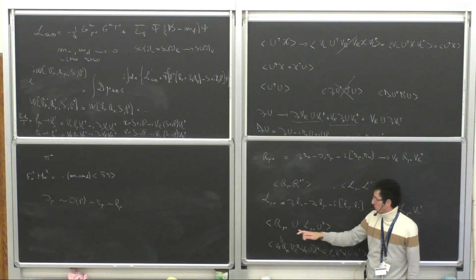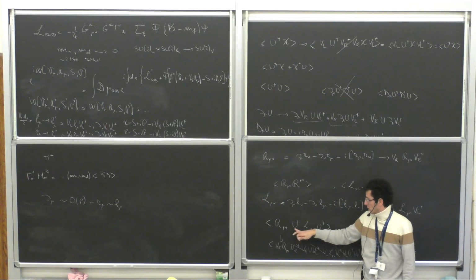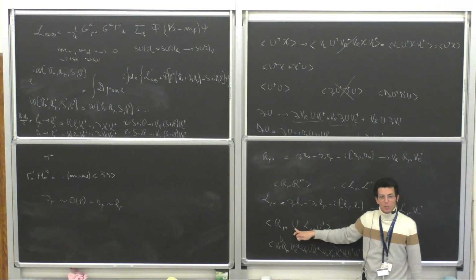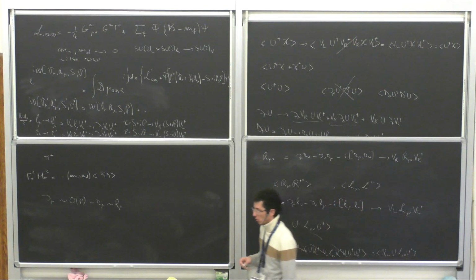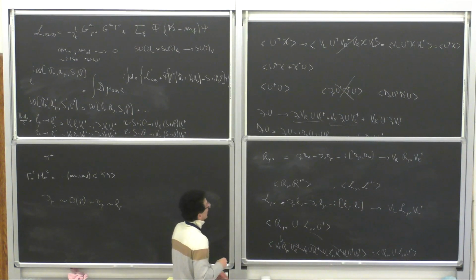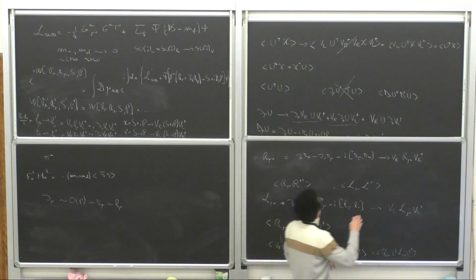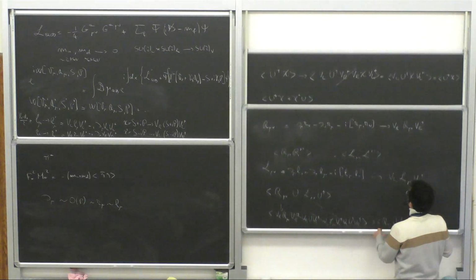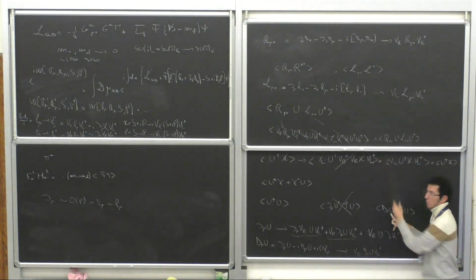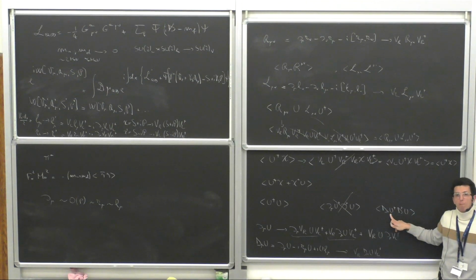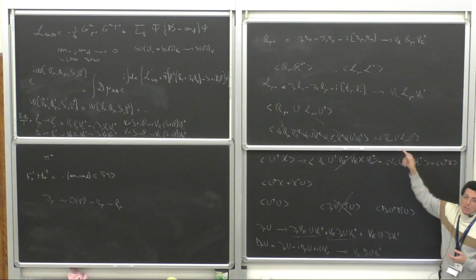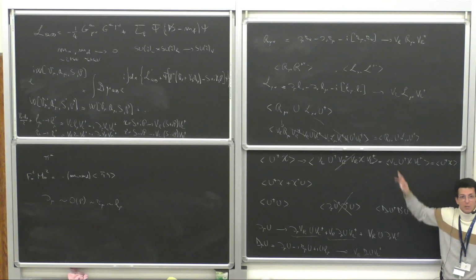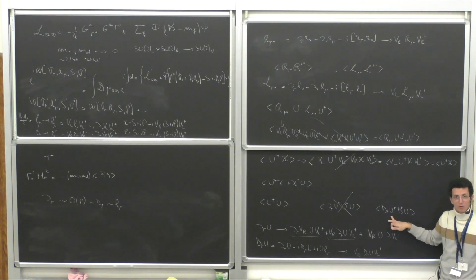Why? Because this is order P square, no derivatives on U, and the other two orders from L mu nu. While the term written here is of order P square, you see? So we can expect it to be larger than the contributions that we have discussed before.